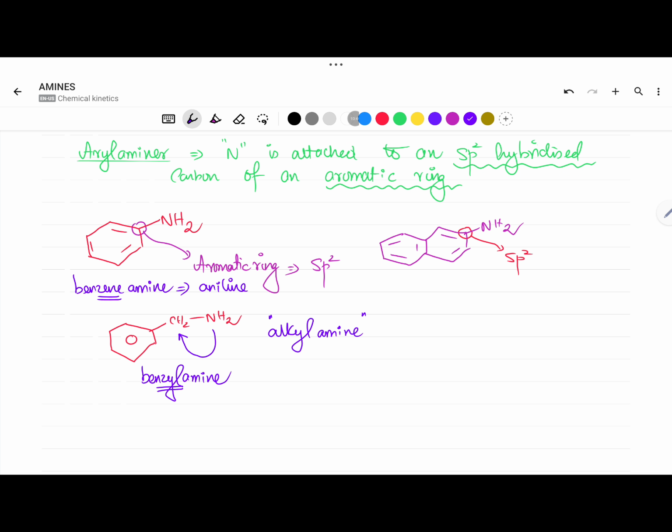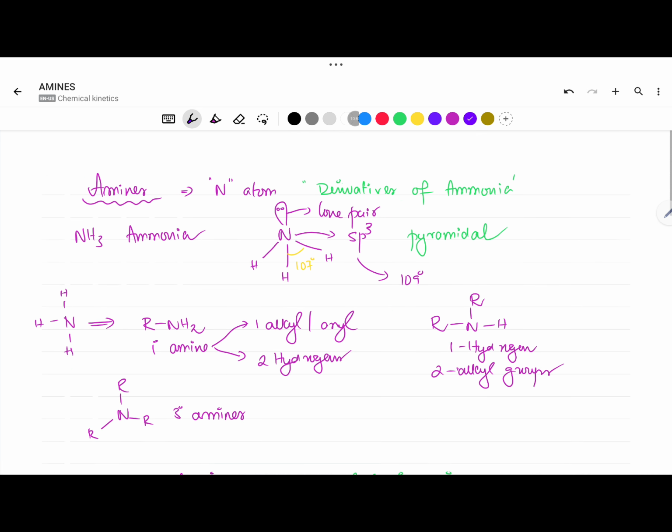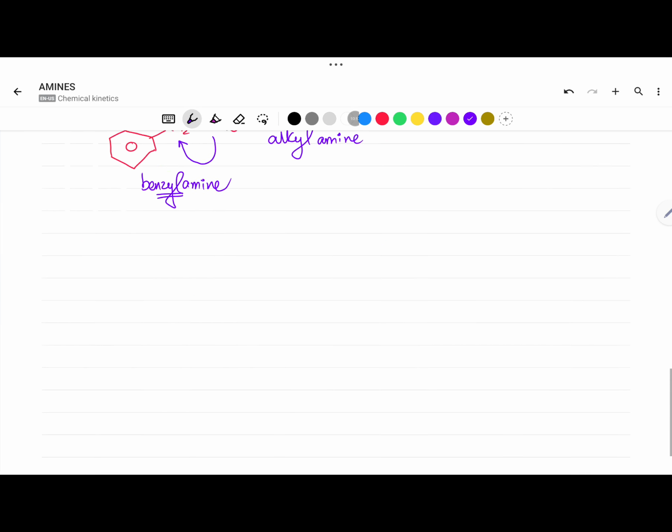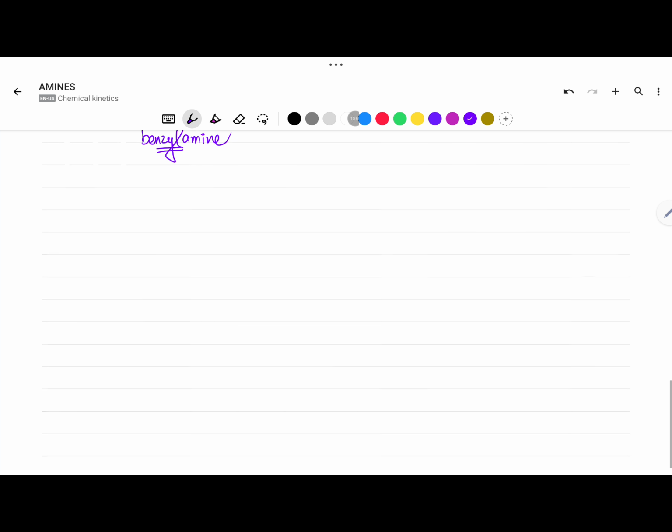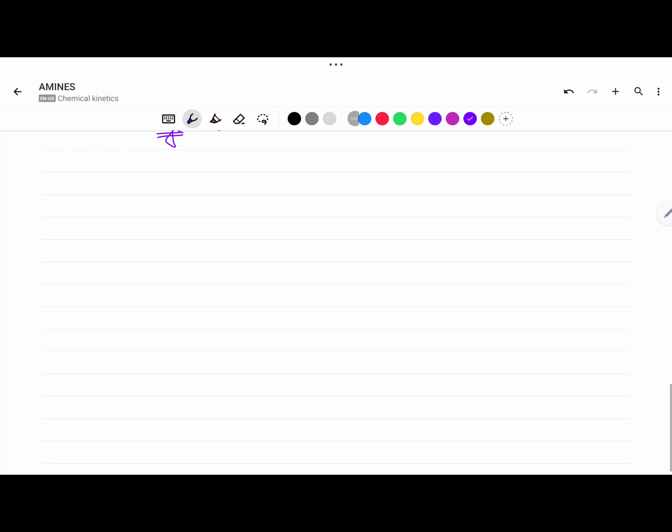So we have seen the different functional groups, and now let us get into some examples based on classification, children. The question is like this: classify the following.